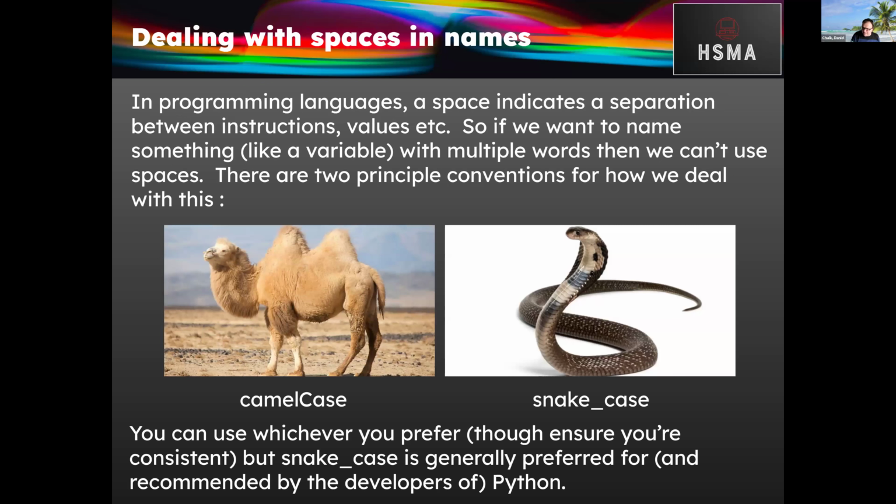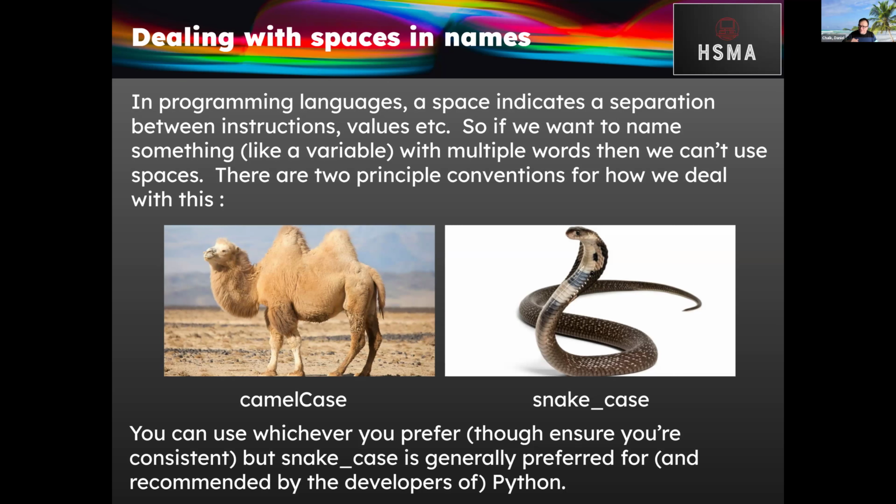You've seen some examples of this already, but let's address this right early in our coding journeys. You've probably seen a lot of use of underscores in some of the things you saw just a moment ago, and also last week in particular. The reason you're seeing that in a programming language is that a space character indicates a separation between instructions, or between an instruction and its value.